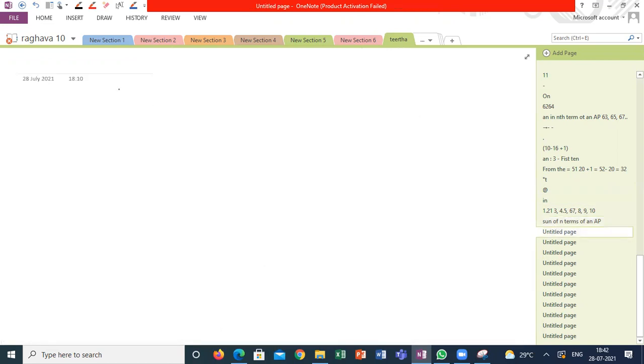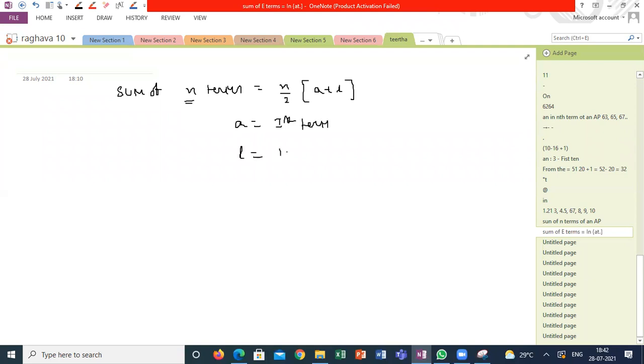This is one formula: the sum of the first n terms is n by 2 into A plus L, where A is the first term, L is the last term, that is nothing but the nth term, and n is the number of terms.